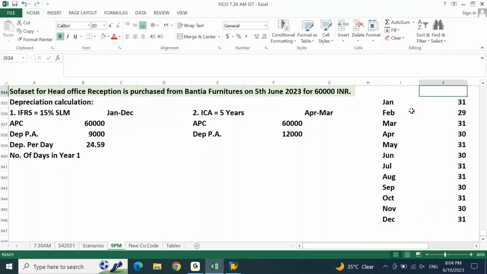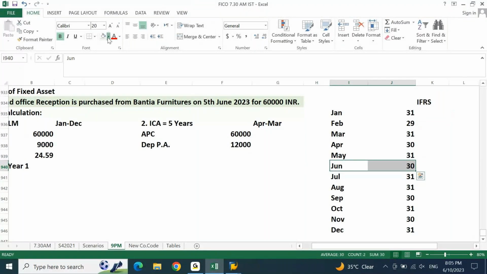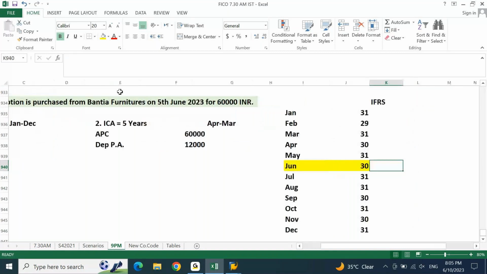Now if you take IFRS, this is where we purchased the asset, right? According to IFRS, let's calculate the number of days that we have used. In the month of June we purchased, so you need to charge depreciation from June month.